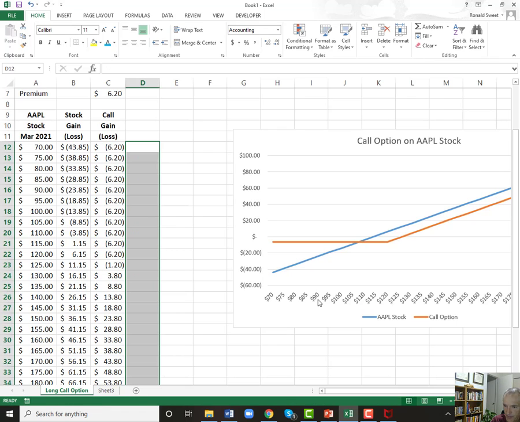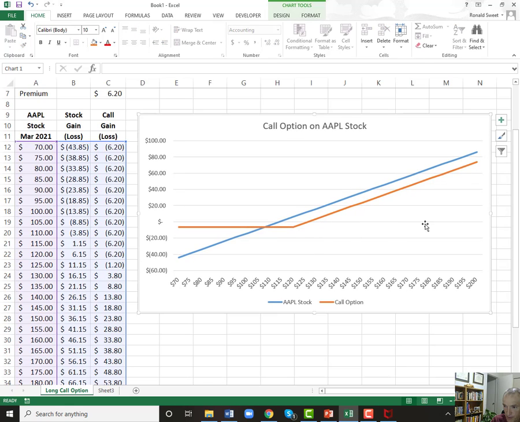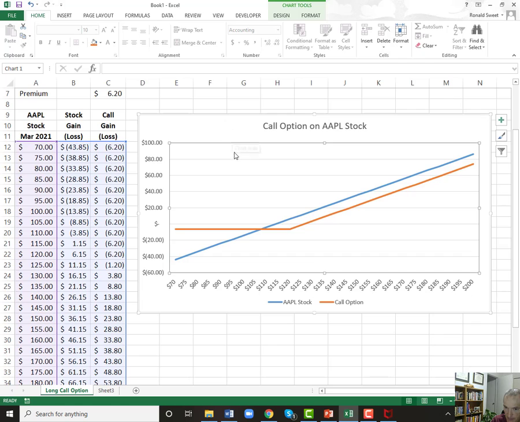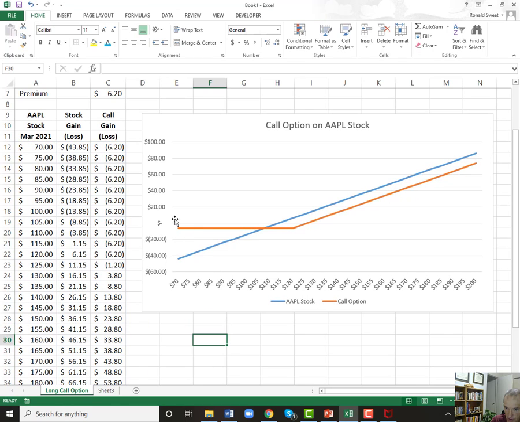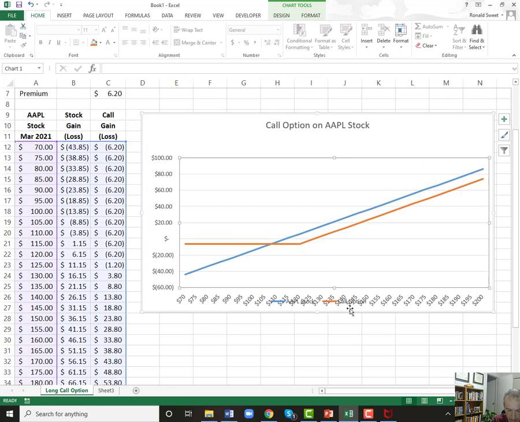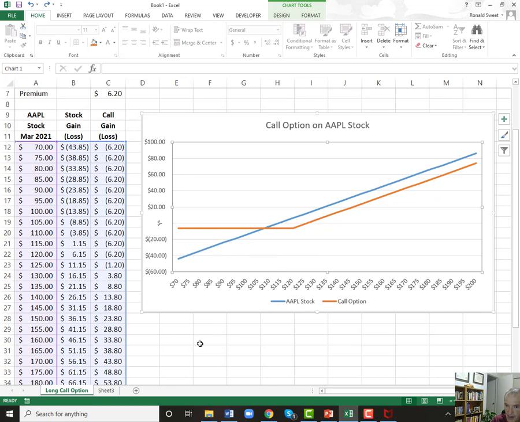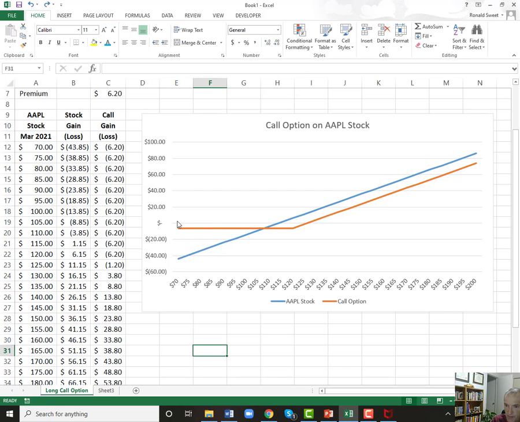So it's going to look kind of like the put, except it's going to be a small gain here, and then it's going to start going down. Very dangerous strategy, right? Because you have a small gain if the stock falls, but if the stock rises, you start having huge losses.